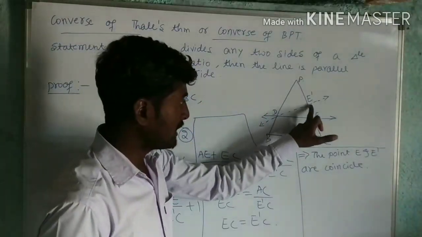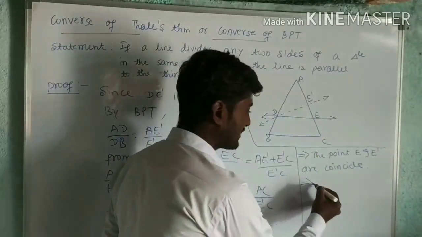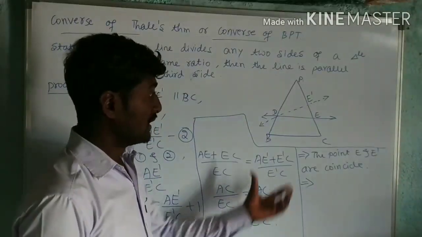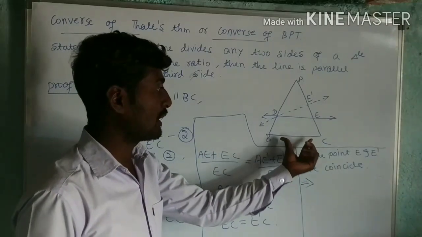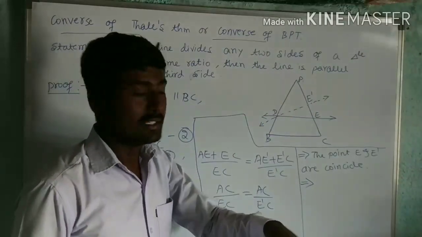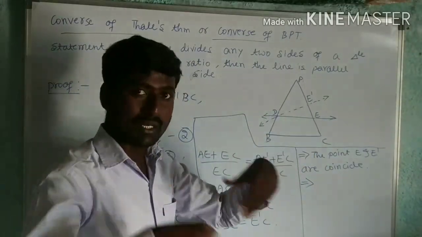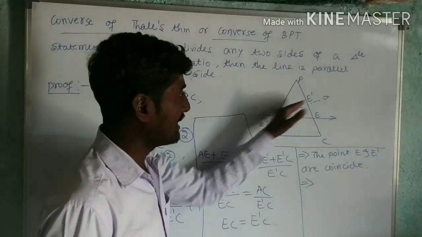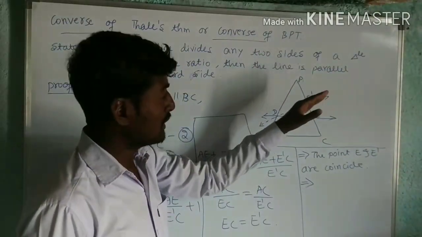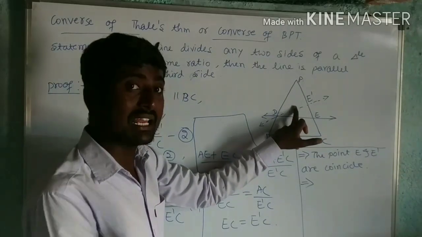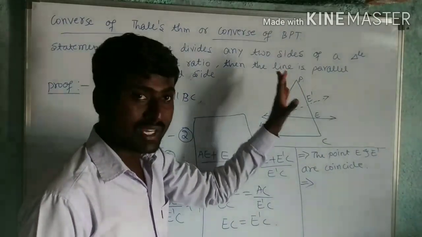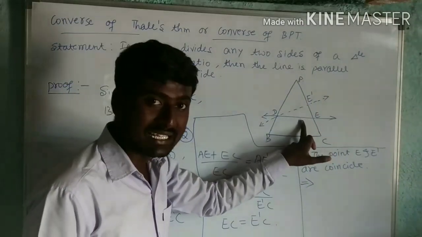Now, if these 2 points are at the same place, what can I write? So our assumption is wrong. What we assumed? DE dash is not parallel to BC. So whichever line you take, DE dash or some other line, if you assume this as not parallel, you take any other line which is parallel to BC, you are getting that line also as DE.